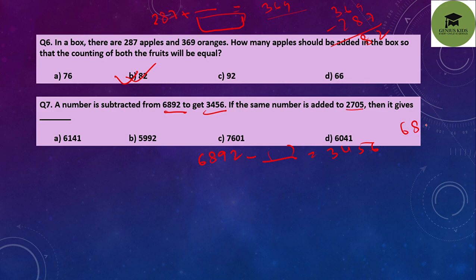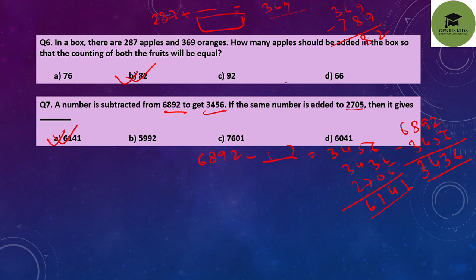We need to subtract 3456 from 6892. So what is the answer? 3436. So with 3436, the next part is we need to add this to 2705. So we need to add 2705. So it will be 6141. So the answer is A, 6141.